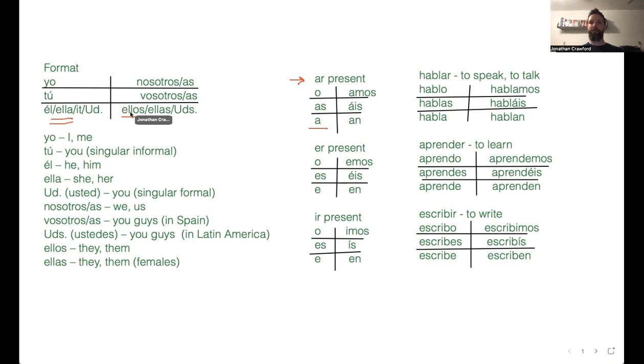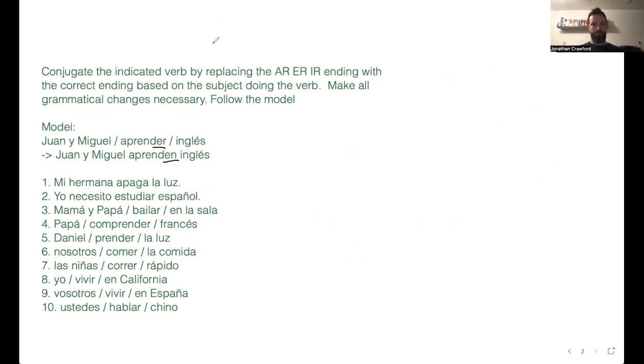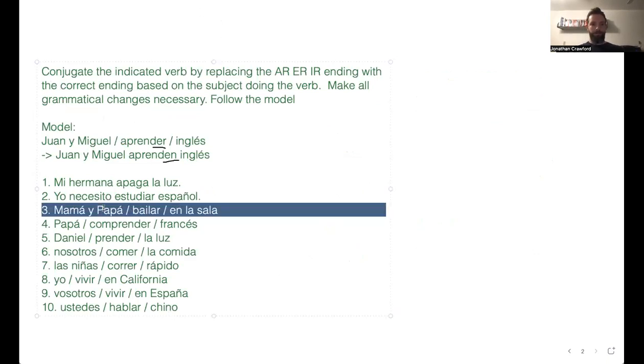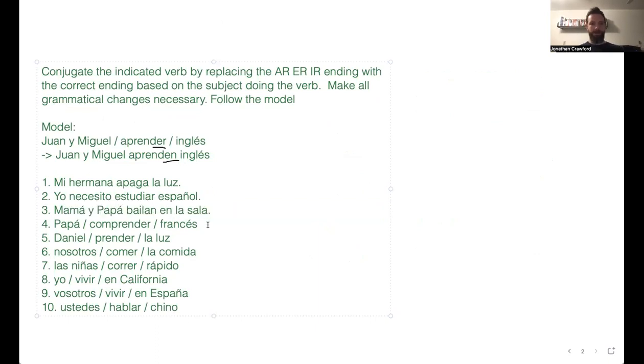Mamá y papá. They, them. So bailar is an AR verb. So we're going to use an. So we go over here. Mamá y papá bailan en la sala.